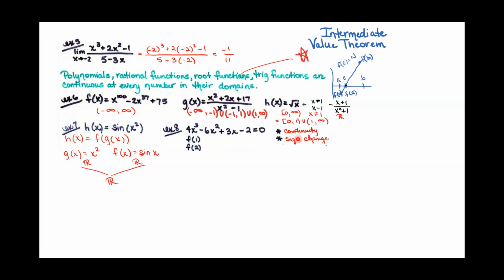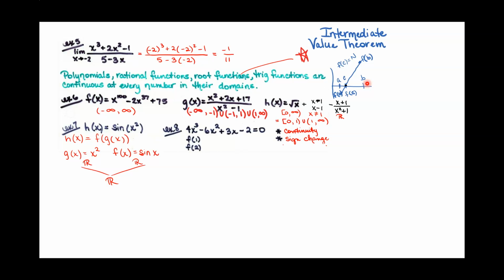So we're looking at an interval that starts at a and goes to b, right? It says, if z is any real number between f of a and f of b, then there is a number c in that interval so that f of c is equal to z.